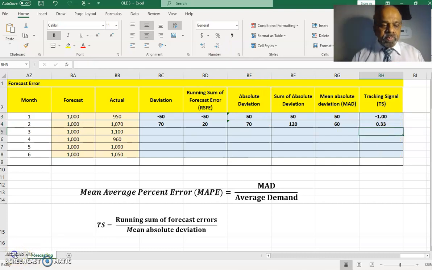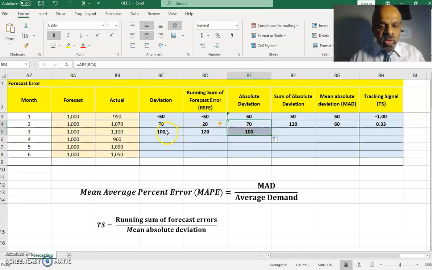Okay, so let's calculate for the third month. The deviation, I'm going to copy and paste this, is 100, which is 1100 minus 1000. The running sum, I'm going to copy and paste this, is 20 plus 100, which is 120.